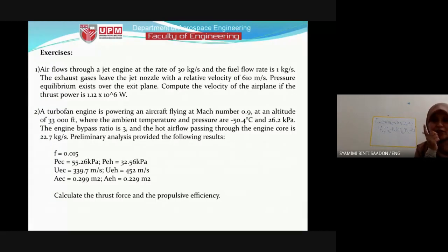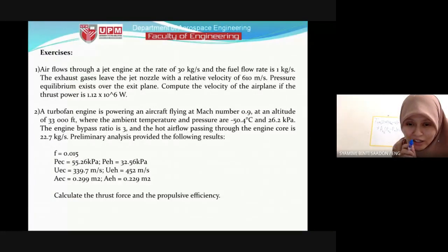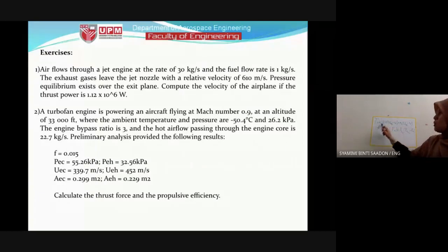From where? How do we know? The MH, the hot airflow passing through the engine core, is 22.7. So MH is 22.7. But how do we get MC? The cold airflow, the air that goes into the bypass duct.